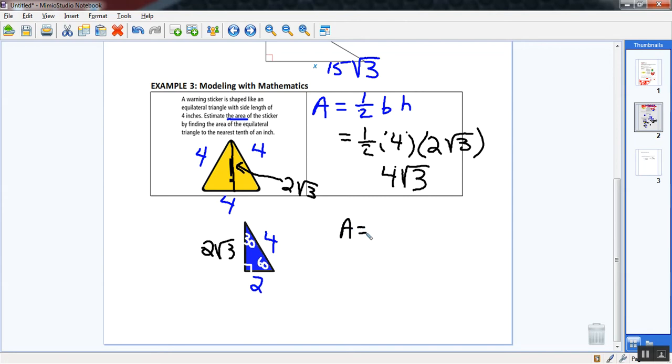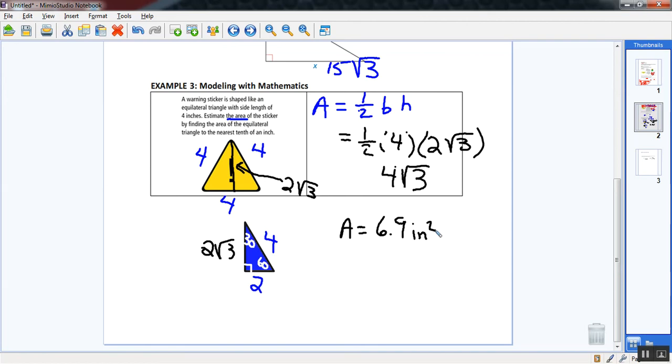What is 4 root 3, kids? 6.928. So nearest tenth would be 6.9, and this would be square. How did they measure the units up here? Yep. Okay, you understand that I'm saying this would have been a special case. If I cut this in half, this would have turned to a 30, 60, 90, which made this 2, which made that height automatically 2 times what?